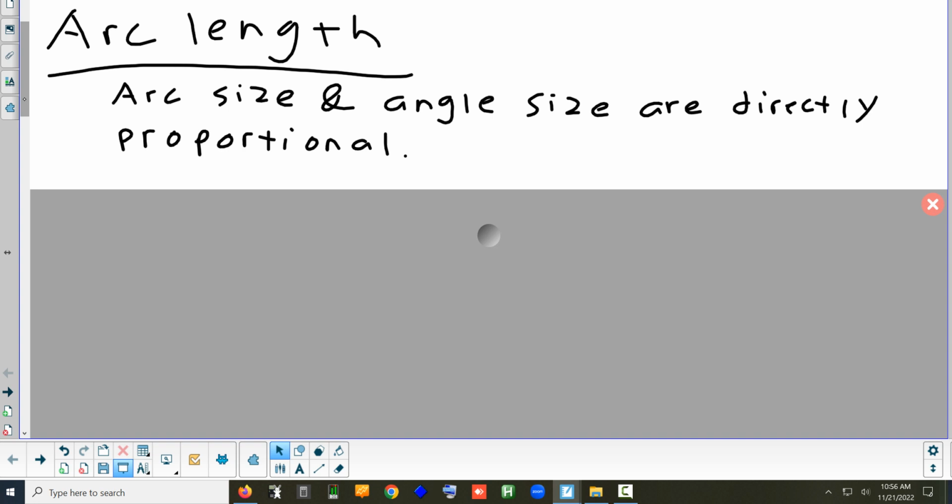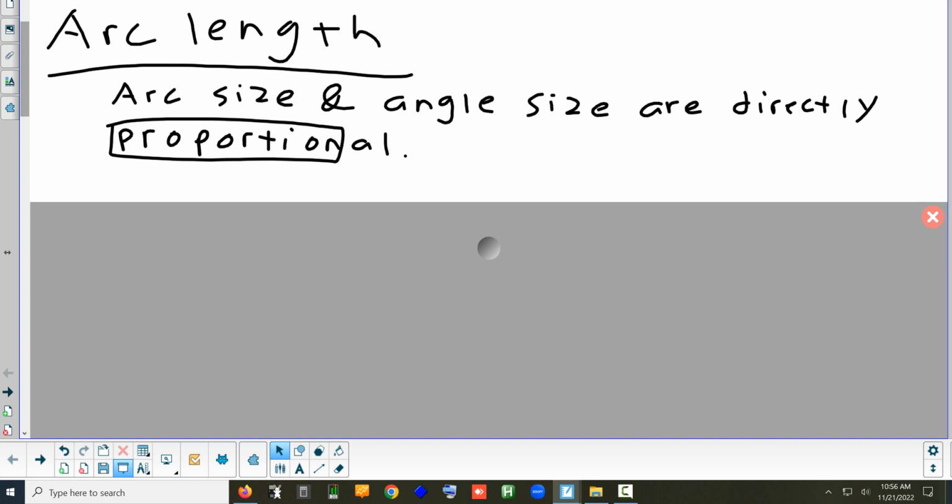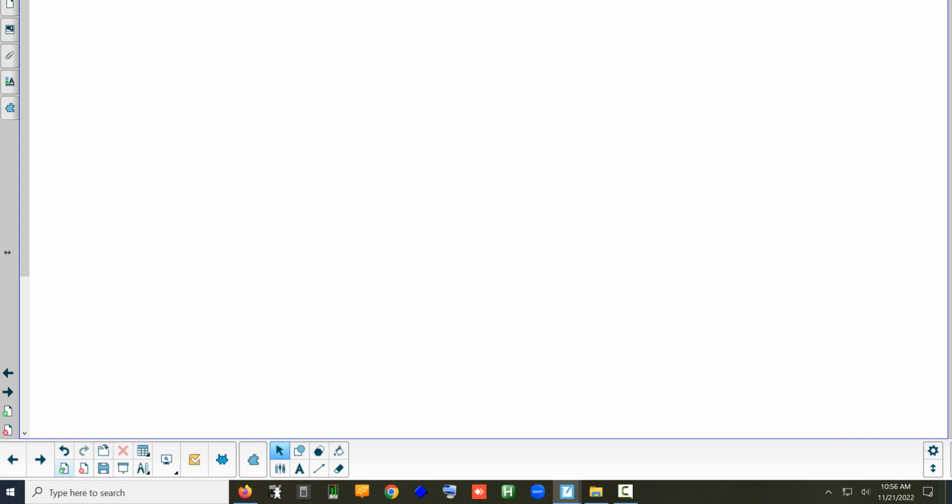And because they are proportional, what that means is we can set up a proportion to make an equation to find arc length. The key when you set up a proportion is one side is what you already know. It has to be a fact that's true. And the other side is what you're trying to find out. So let's think about converting feet to inches.